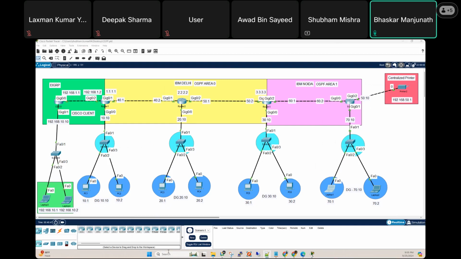Sir, it's continuously pinging, then after that a timeout is coming. What is the problem?